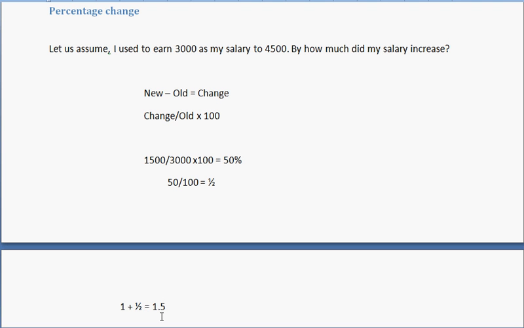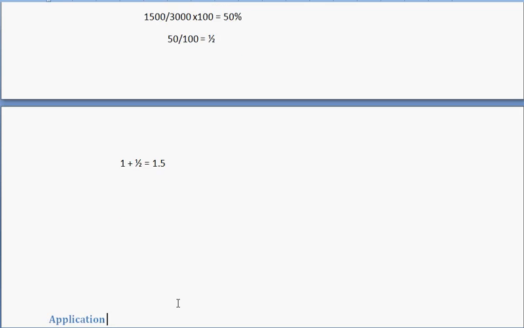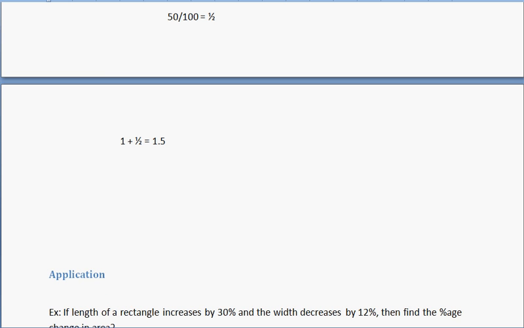My new salary is 1.5 times the original salary. So this is what we do when we do these questions, right? We just convert percentage into fraction, and we see that the new thing is what times the old thing, right? It would become more clear if we do a next question, which is this.